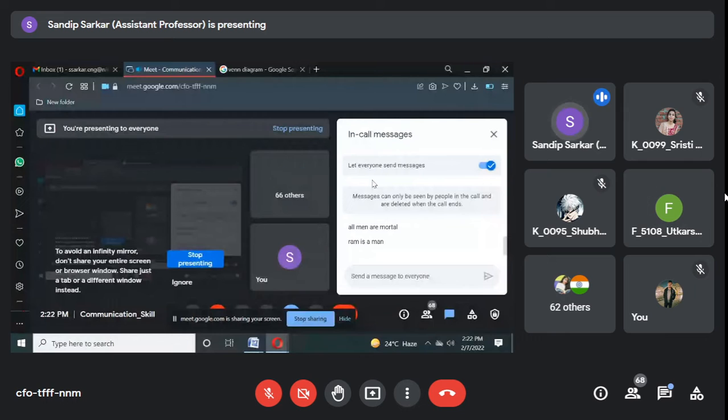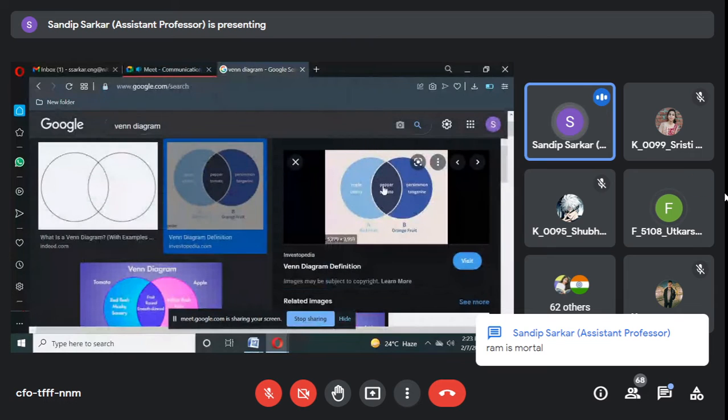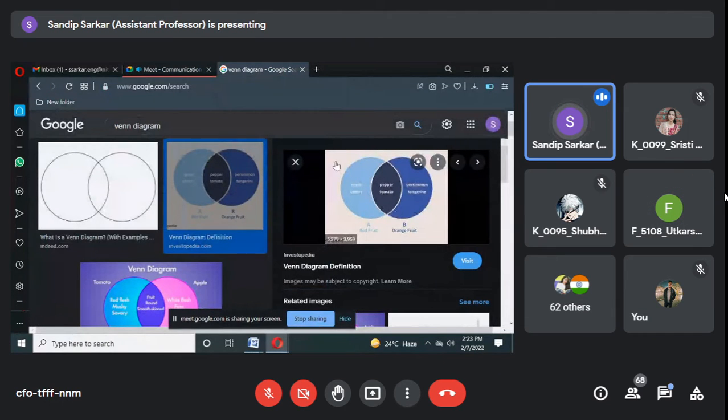So these sentences are called propositions. First proposition: all men are mortal. Second proposition: Ram is a man. Therefore, the conclusion is Ram is mortal. If you look at this Venn diagram, this circle represents all men are mortal, Ram is a man, and this shared segment is Ram is mortal.